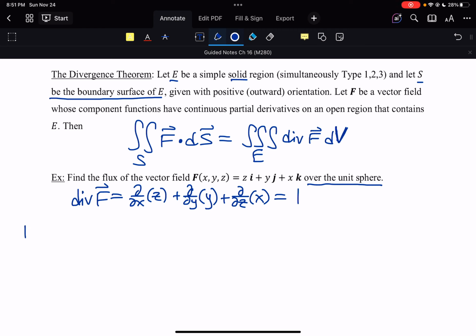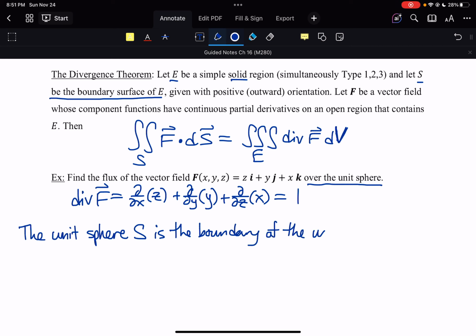So we need to look at where the unit sphere is. So the unit sphere, S, is the boundary of the unit ball, B, given by x squared plus y squared plus z squared less than or equal to 1.